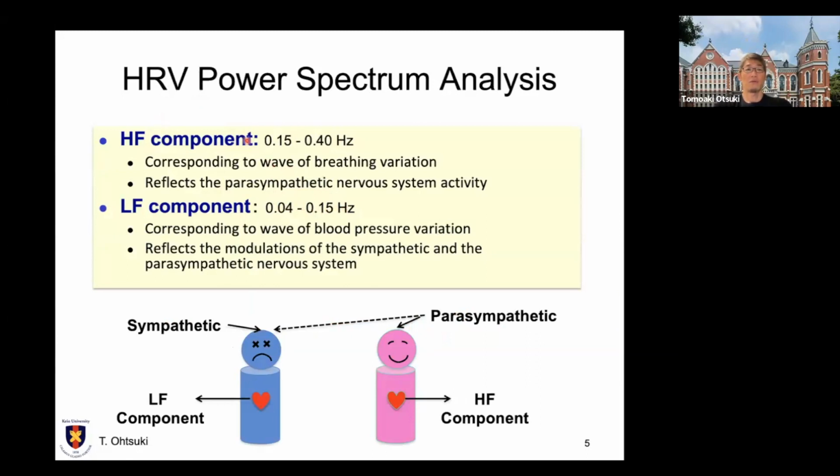In general, the high frequency component corresponds to the wave of breathing variation, and it can reflect the parasympathetic nervous system activity. The low frequency component corresponds to the wave of blood pressure variation, and it can reflect the modulation of the sympathetic and parasympathetic nervous system.